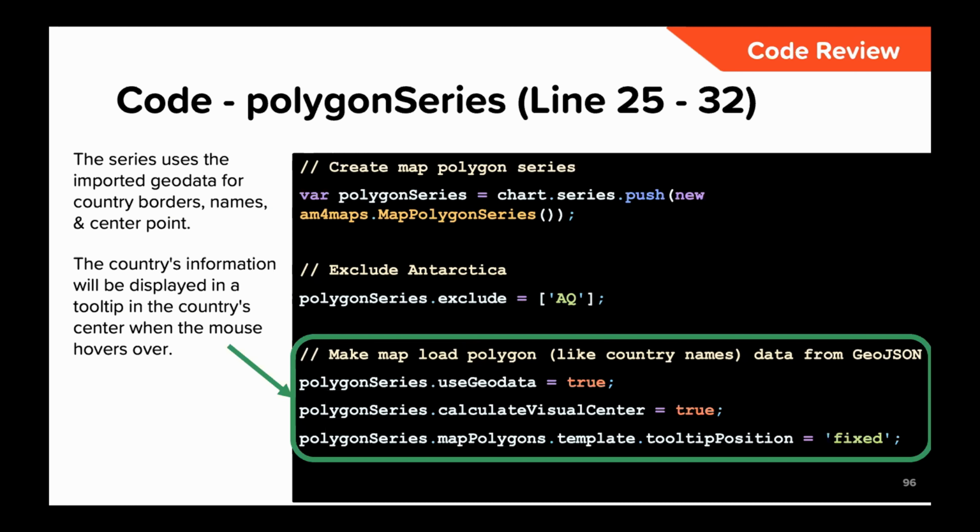So this series of polygons that represent all the different countries in the world, we're going to use the imported geodata that includes names and the center point. And then we're also going to display that information as a tooltip in the country center when we hover over with a mouse.